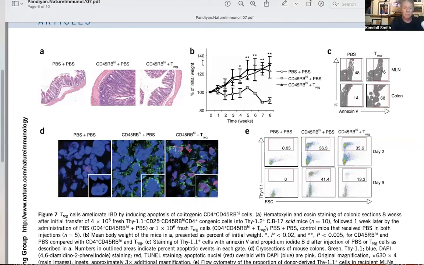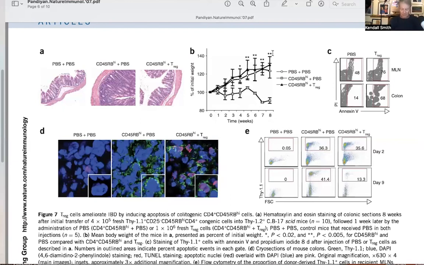This is the weight of individual mice that have been given the inflammatory bowel disease in this instance, and you can see that the Tregs ameliorate that so that the mice are okay and they gain weight normally.